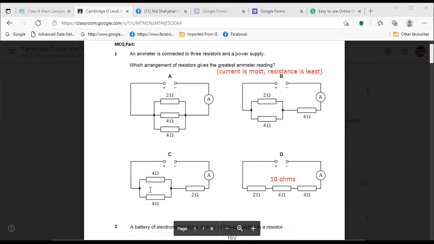So here it will be 2 ohms. If you use the formula, it will also come the same way. Then 2 ohms plus 2 ohms combined resistance will be 4 ohms. So here we got 10 ohms, here you got 4 ohms.